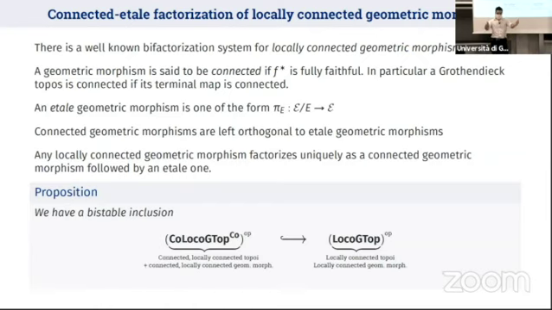And those two classes are known to be biorthogonal and to form a factorization system for locally connected geometric morphisms, which gives you a bistable inclusion of the opposite category of locally connected Grothendieck topoi and connected geometric morphisms between them into the bicategory of locally connected Grothendieck topoi.